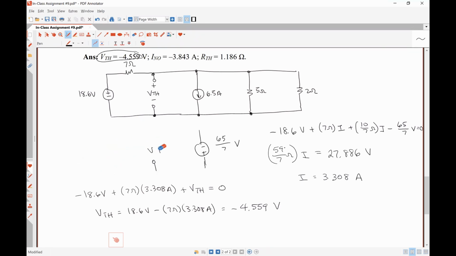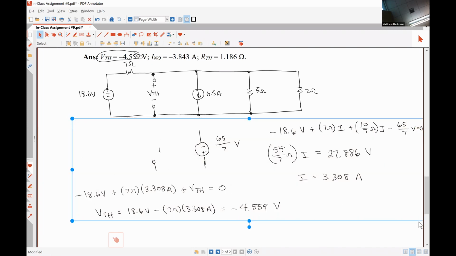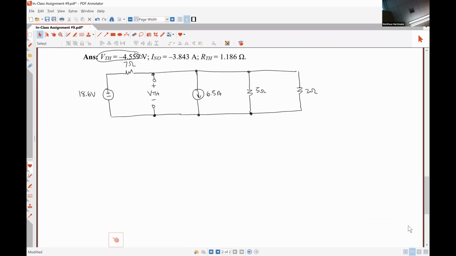So let me do it this way so it'll go faster. This node, let's call it VA, is the only unknown. If we choose this to be our reference, we have one unknown voltage.